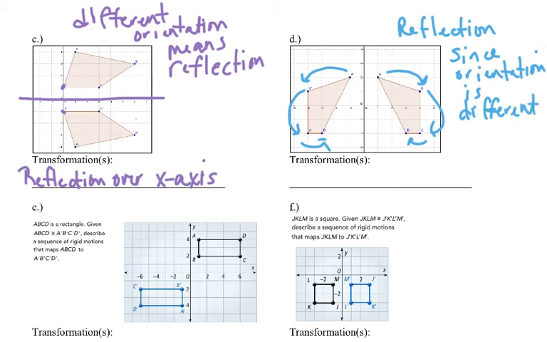And let's see what it's reflected over. The line of reflection has to be right in the middle of A and A prime. If we took a look at A and A prime, right in between there is the y-axis. So this is a reflection over the y-axis.